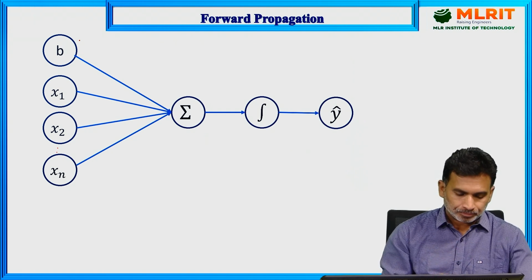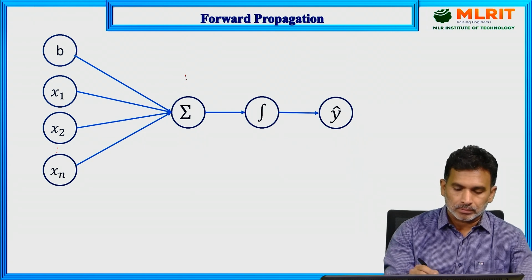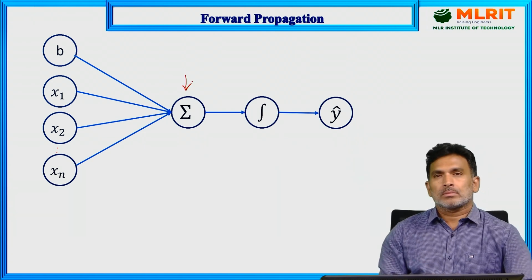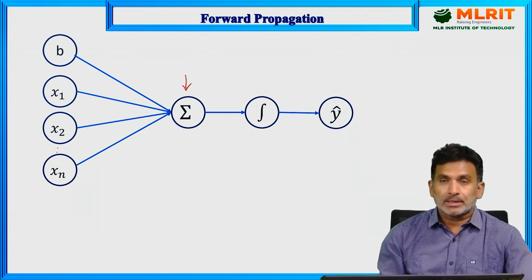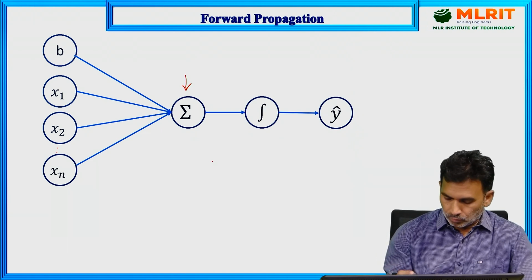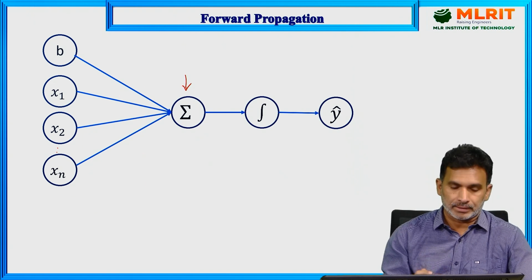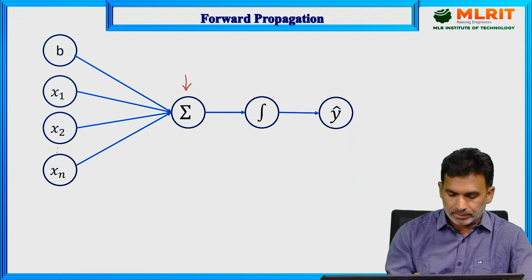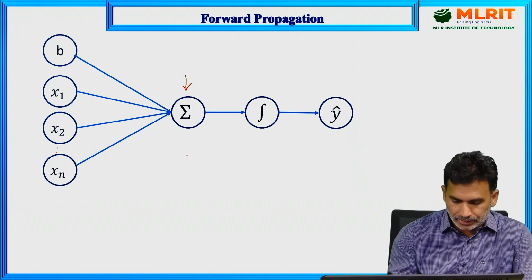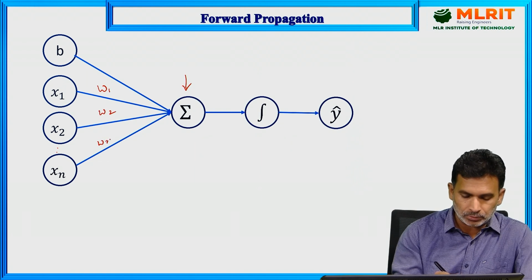So here these inputs, and here we have the weighted sum, that is the aggregate function. This information from all the inputs and the biases would be aggregated, and there are also weights like w1, w2 and so on, wn.